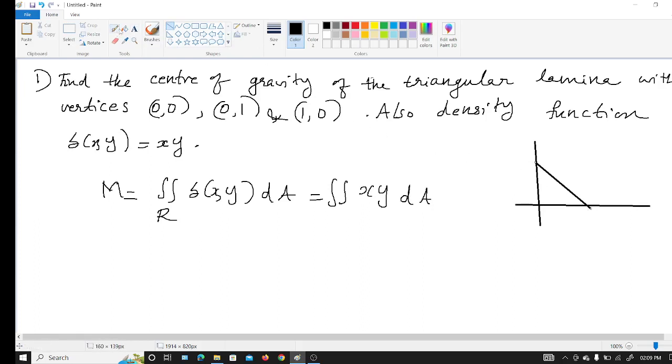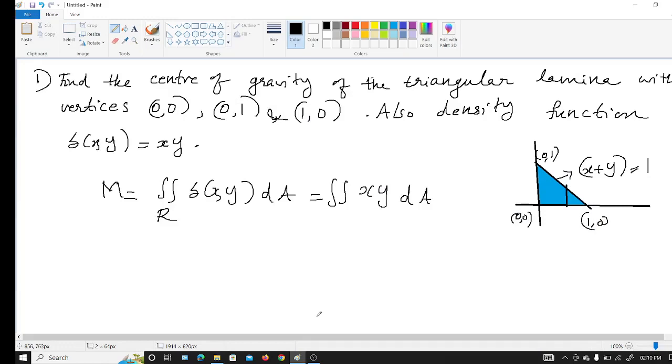Now, this is the point 0, 0, this is 1, 0, this is 0, 1, and this line represents x plus y is equal to 1, and the region of integration is this one. Now for calculating the integral, you can consider the region as a type 1 region. So you can draw a vertical line. After that, you can find the upper and lower limit of x and y.